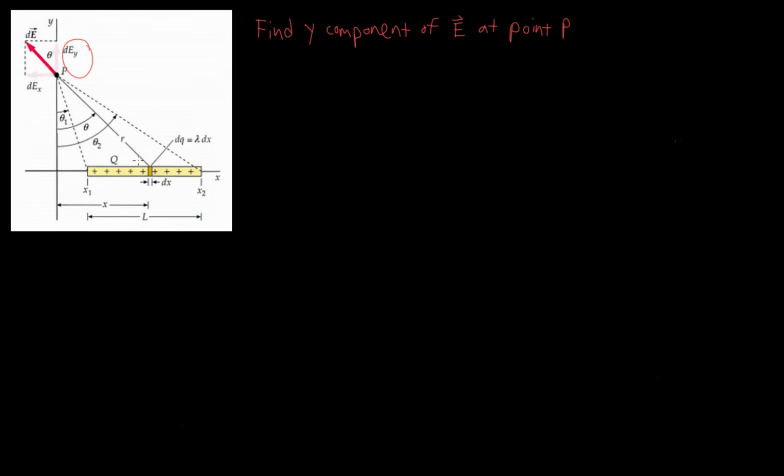And the letter R shows the shortest distance from the point P to the line charge.